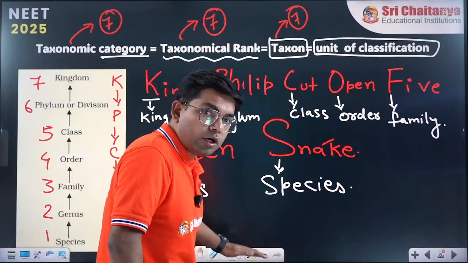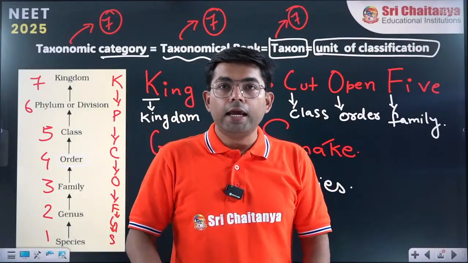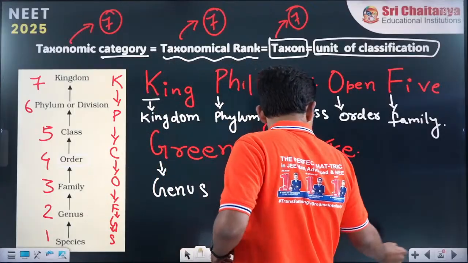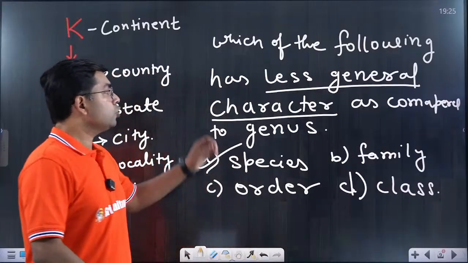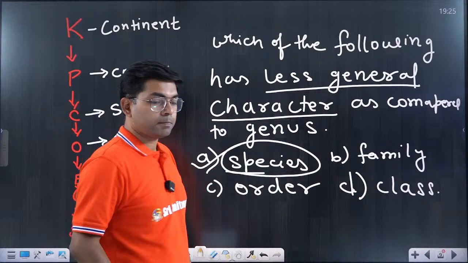So lower similarity means more general character, and below means less general character. So here the correct answer will be species, right? So the one with less general character than genus is species.